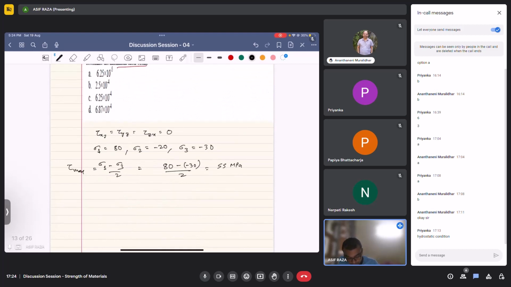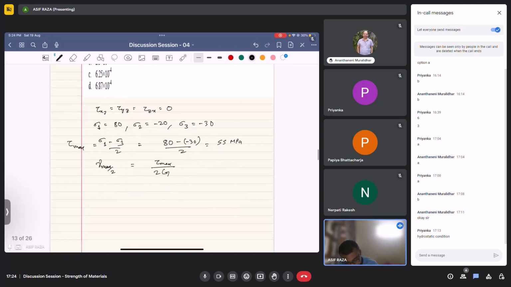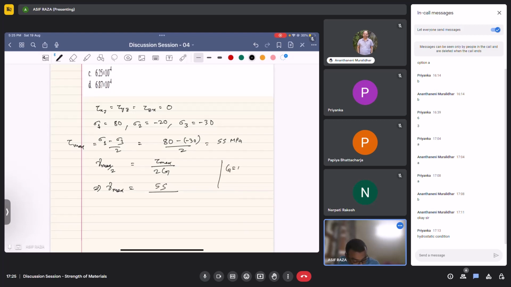And to get this gamma max by 2, that is equal to tau max by 2G, that is gamma max by tau max, and that is 55. 2 cancel out, so only G is E by 2, 1 plus mu.